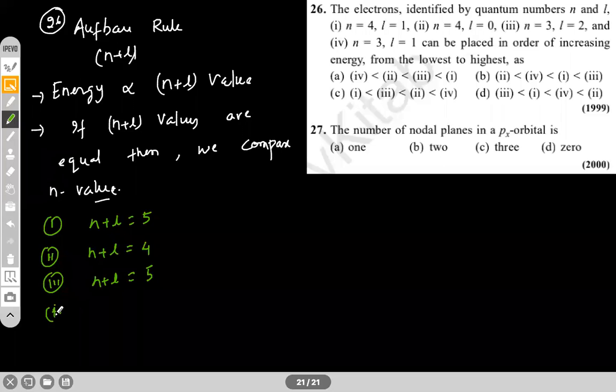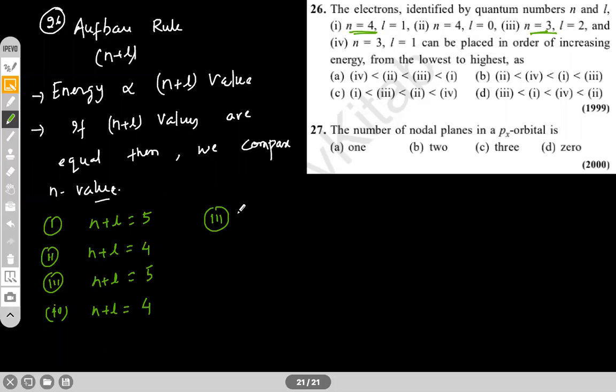Fourth one, n plus l value is 4. Okay, so obviously second and fourth have lesser energy than first and third. So first and third, if you compare the n value, third has lesser n value than first. So the third one has minimum energy.